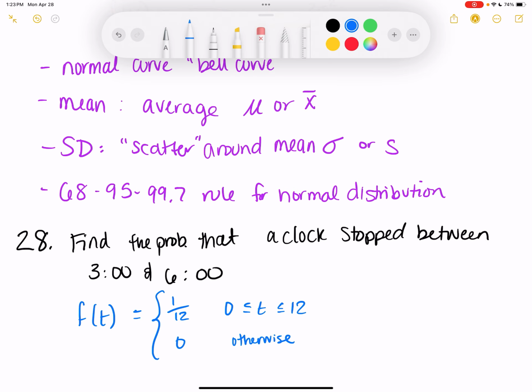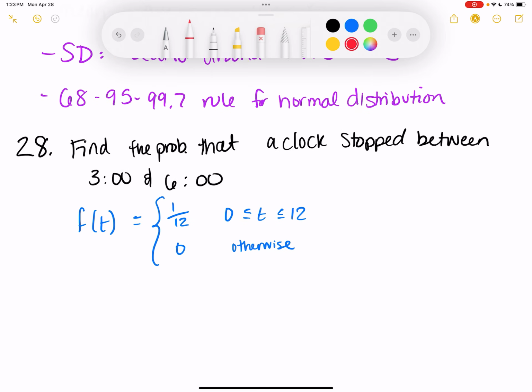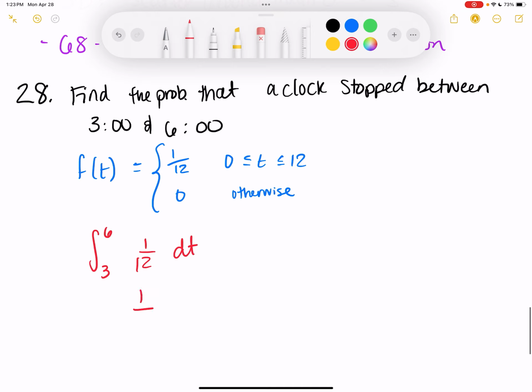This is some crazy math about to happen right here. The integral from 3 to 6 of 1 over 12 dt. So this is 1 over 12t evaluated from 3 to 6.